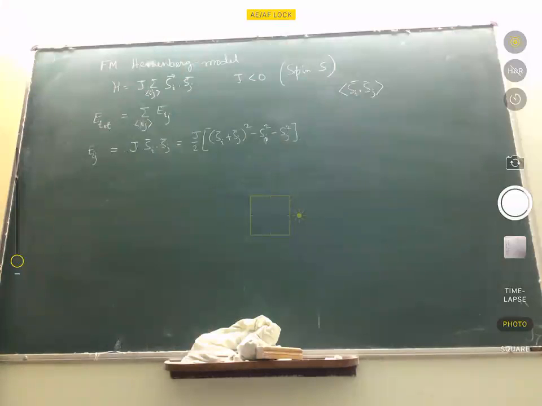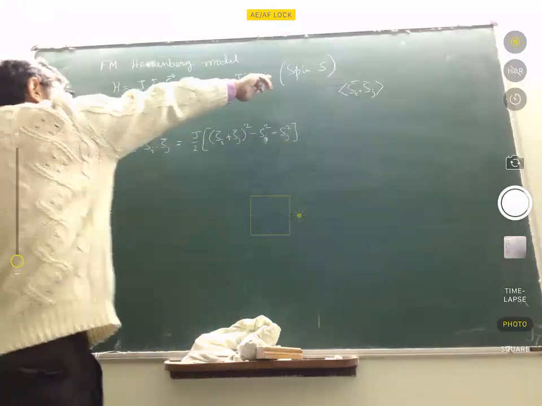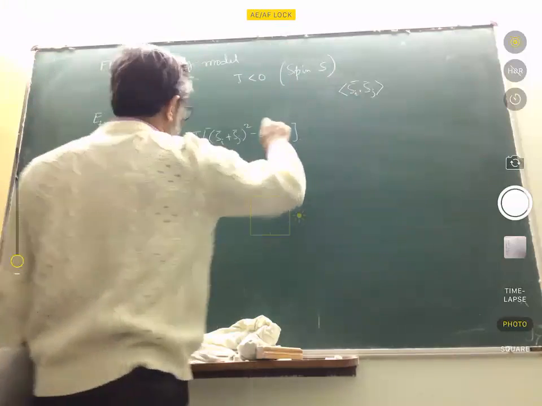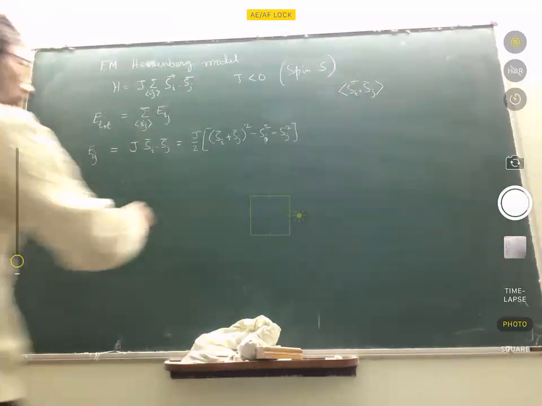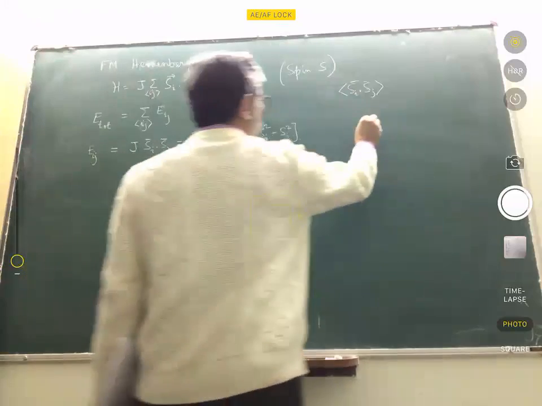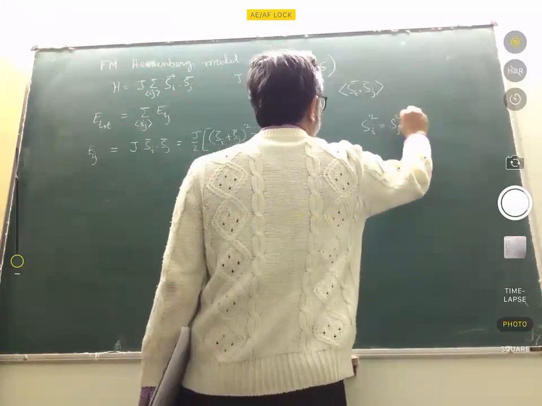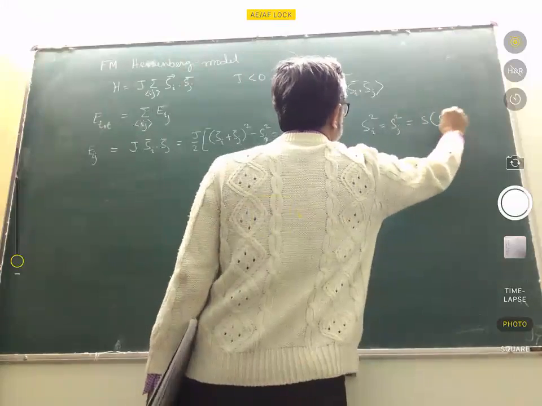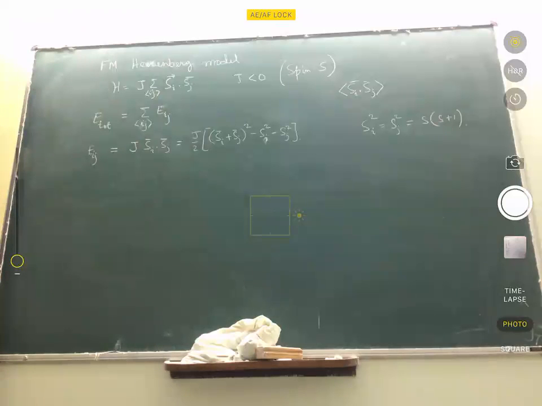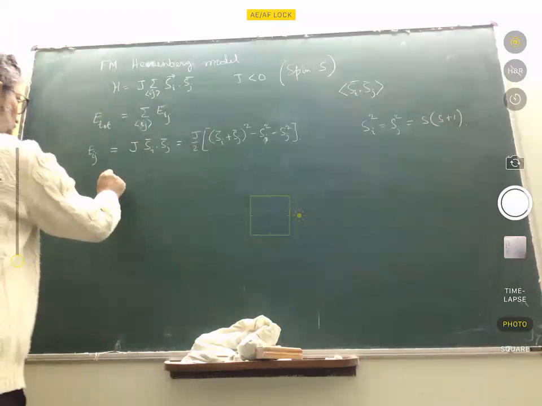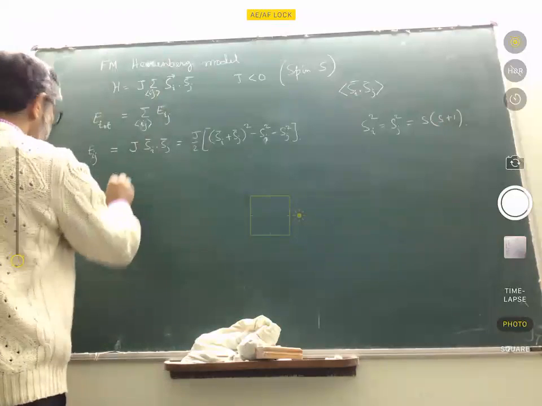It is the general spin S Heisenberg model. Then, if it is the spin S Heisenberg model, we know what these quantities are. So this is S_i squared and S_j squared, which is S(S+1). So plug in those values. So this can be written as E_ij.